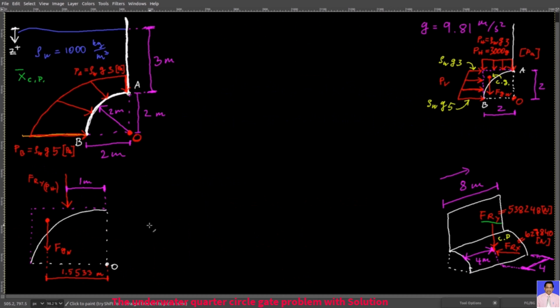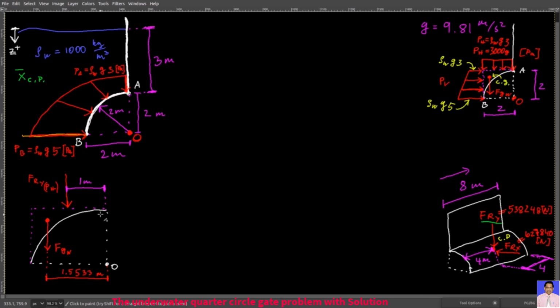And now, going back to our real water example, you know how the two vertical forces are located with respect to this origin. And here you only care about their horizontal distances. This force here, that's due to this uniform pressure distribution, and its center of pressure is 1 meter horizontally from point O. And then the force of gravity of this pocket of water, we found out that horizontally it's 1.5533 meters from point O. So we have two vertical forces.